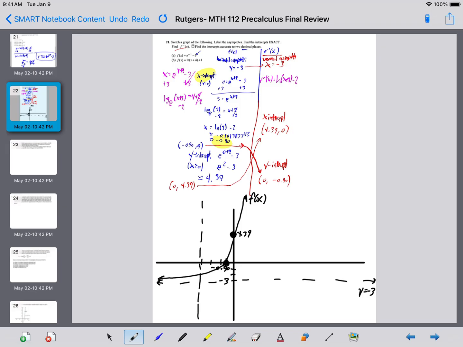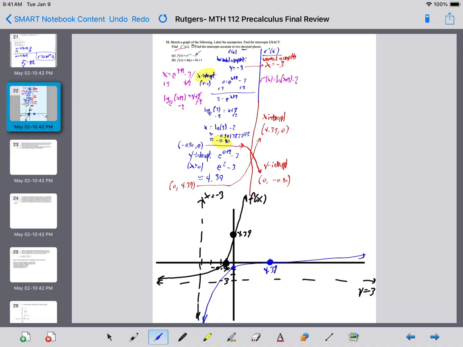So the vertical asymptote is at x equals negative 3. And we said that the x-intercept is going to be 4.39. We said that the y-intercept will be negative 0.90. And what that will look like will be like this.